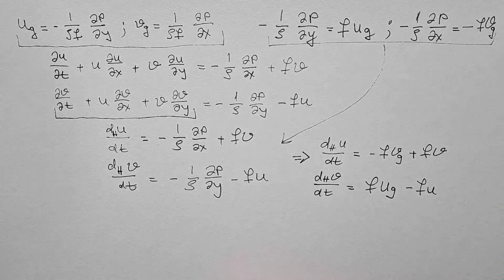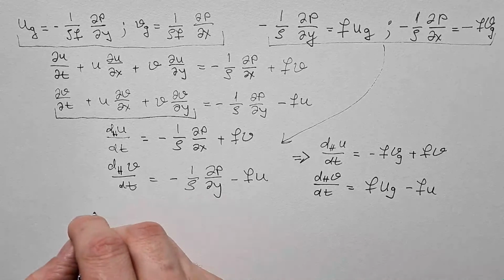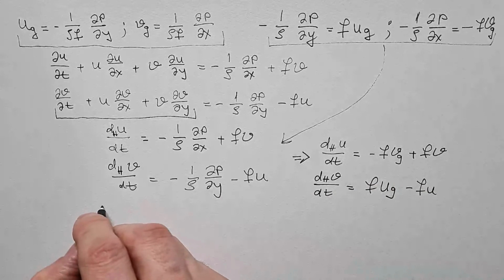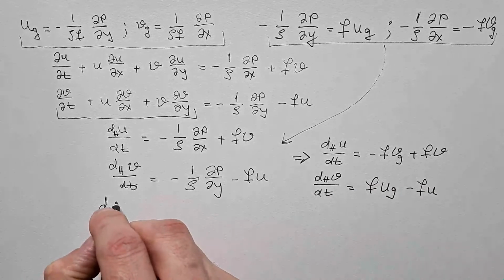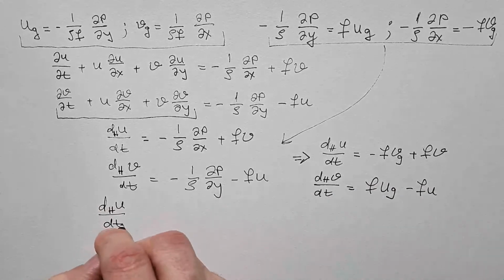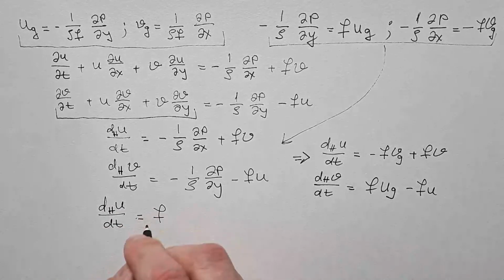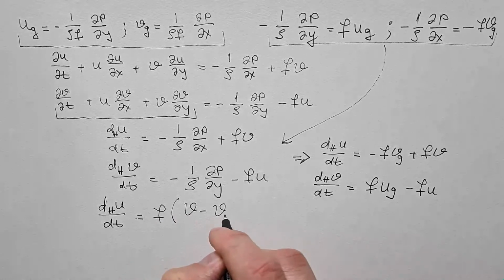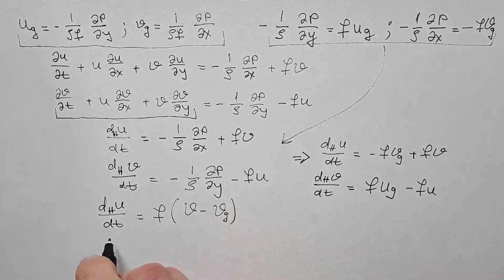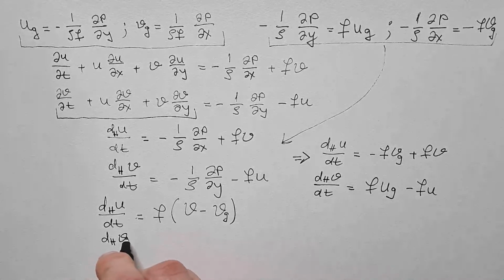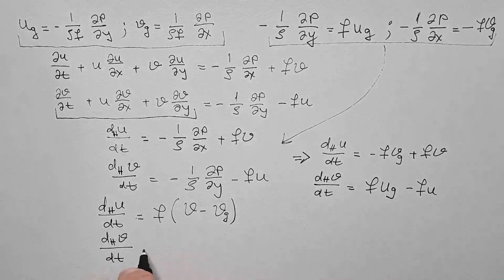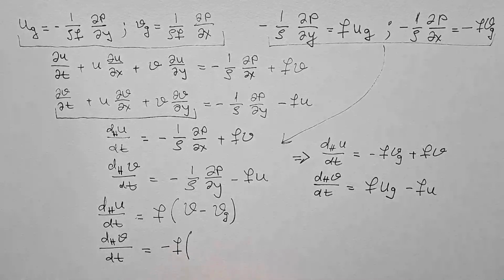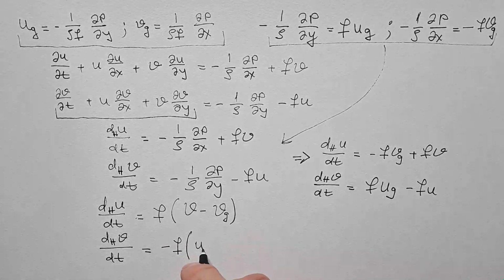Or the final blow is to rewrite this nicely as d_h u over dt is equal to f times (v minus v_g), and d_h v over dt is equal to negative f times (u minus u_g).